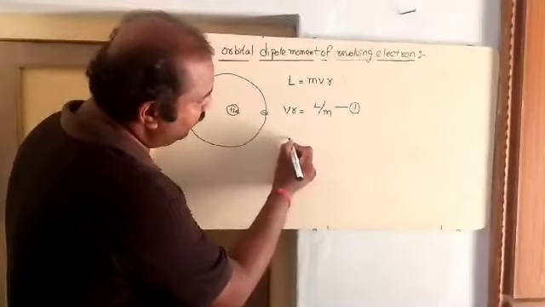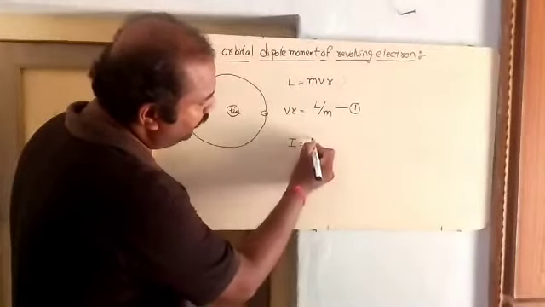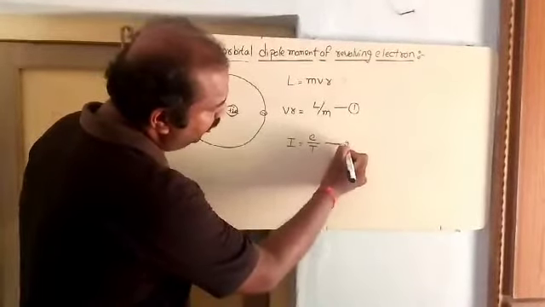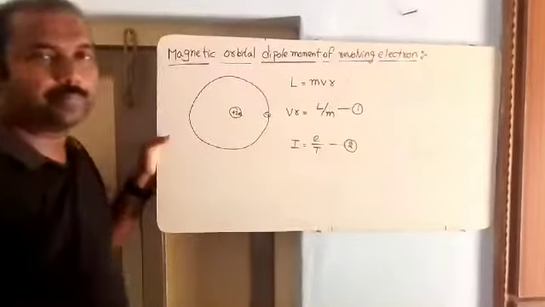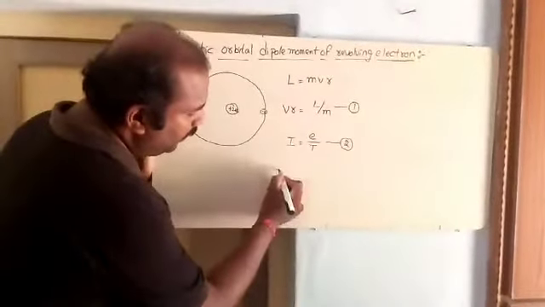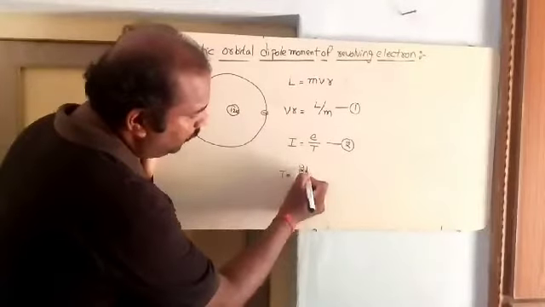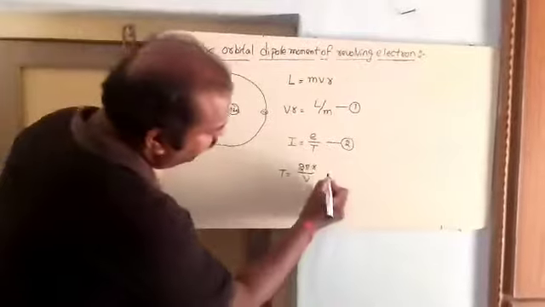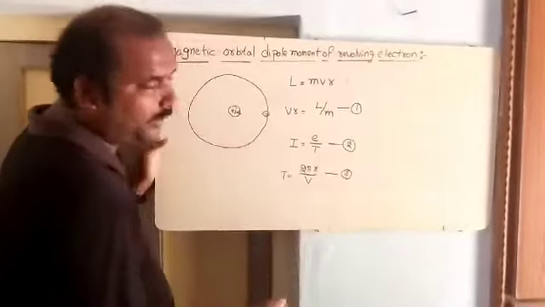Now the current of this electron is given by I is equal to e by T. This is equation 2. What is the time? The time T is 2 pi r by v. This is equation 3.